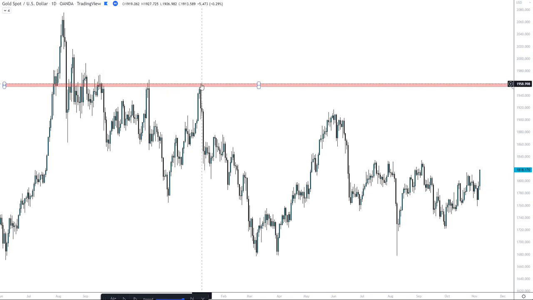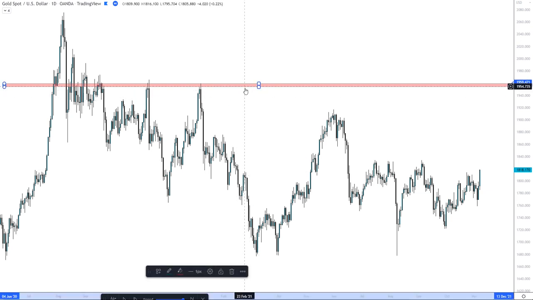And this is almost a good area. Every time price has hit this 1960 area, the past two times, there's been a huge reaction. The first time it went from 1960 all the way down to 1760. And then the second time it hit, it went from 1959 and pretty much dropped all the way down to 1670. So I already know that this is a strong level in the market.